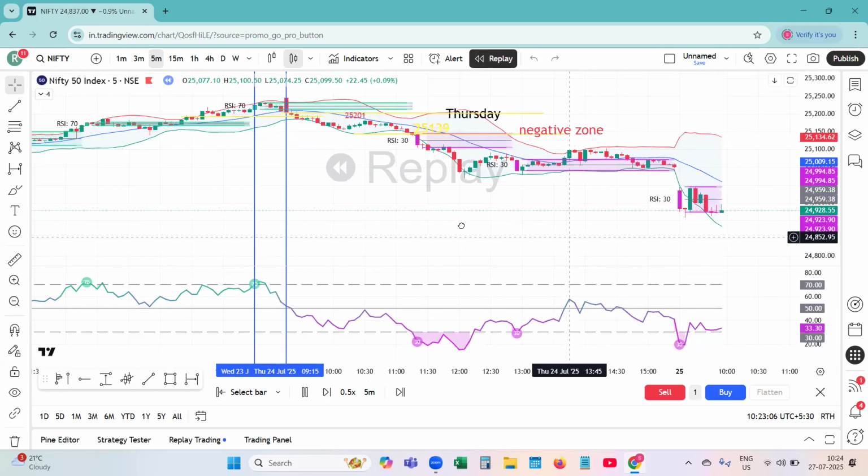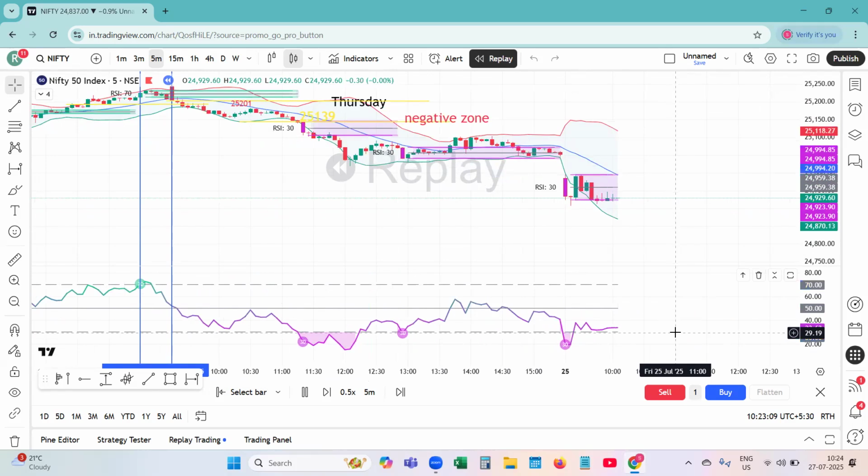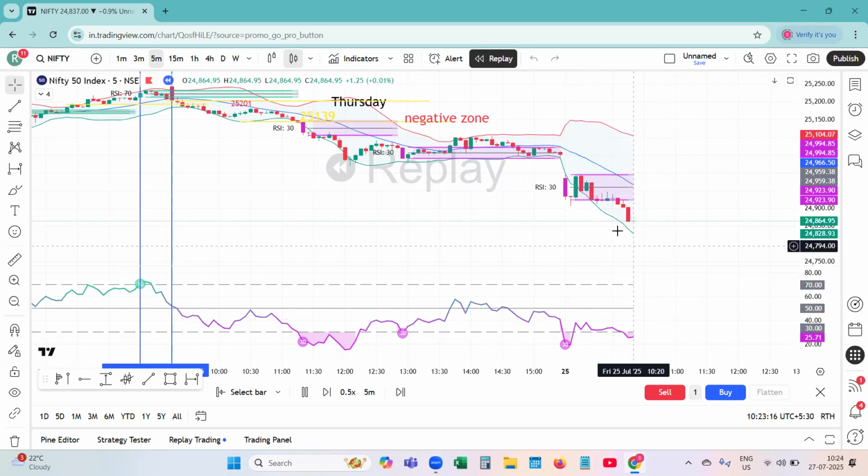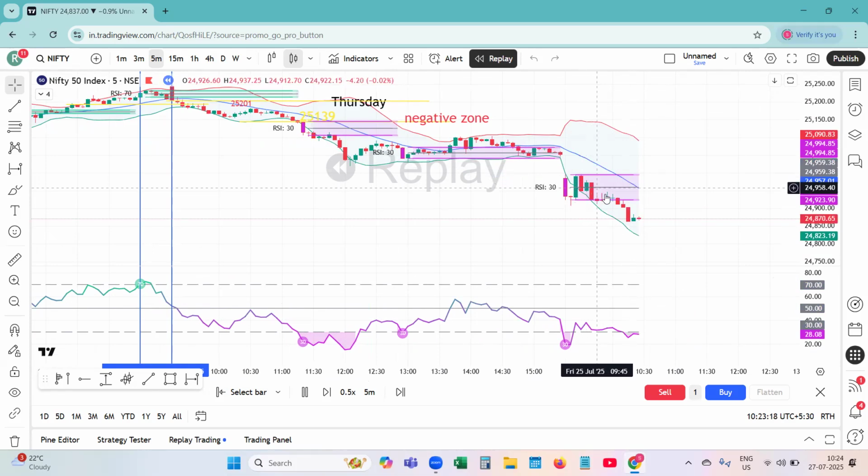Yes, it has started. Just watch it. The market is moving down, riding along the lower Bollinger Band.